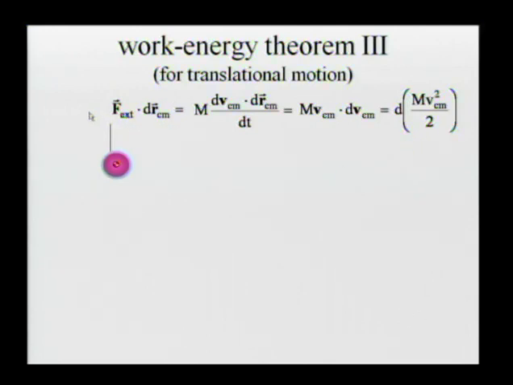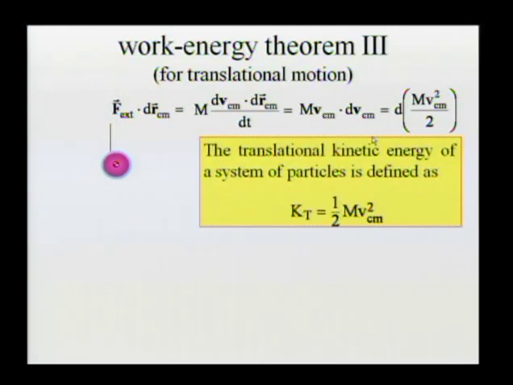Now, if I look at this, because it is total mass of the system times velocity squared divided by 2. The unit of it is what?